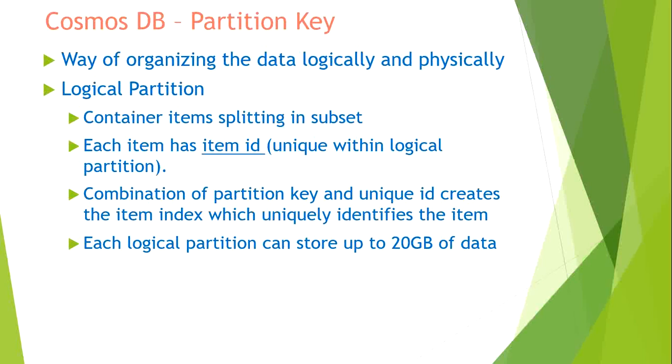So we have to be very cautious while creating the partitions to ensure that the data is not highly skewed. That means the data is not getting accumulated in a single partition and making it big in size. So we have to be very careful while creating the partition.